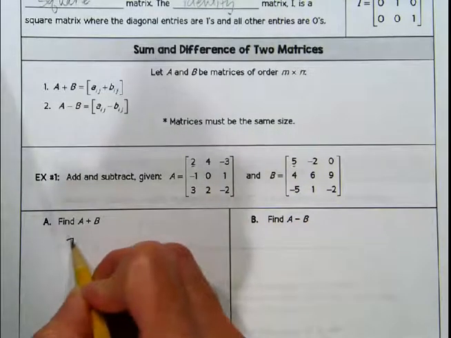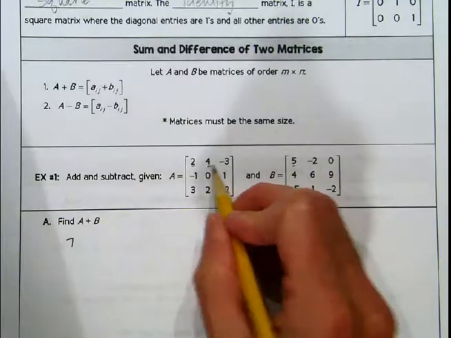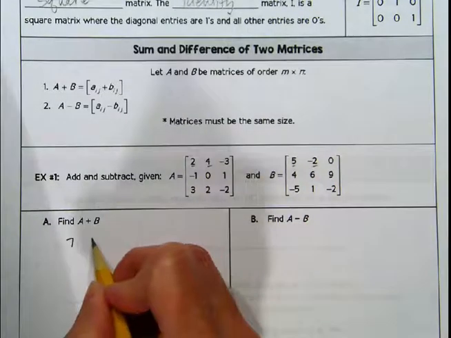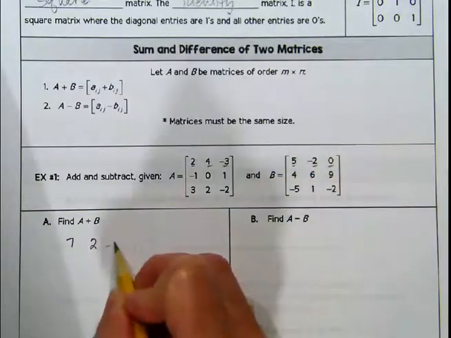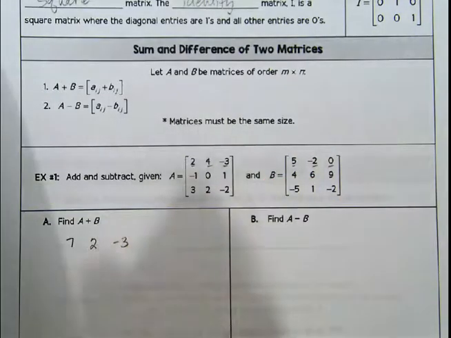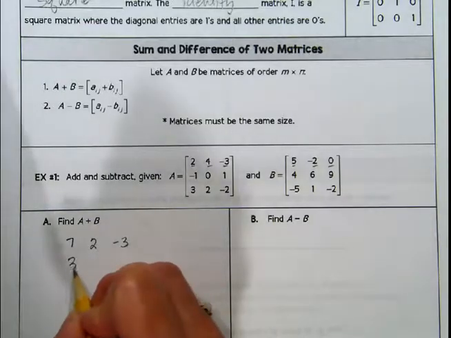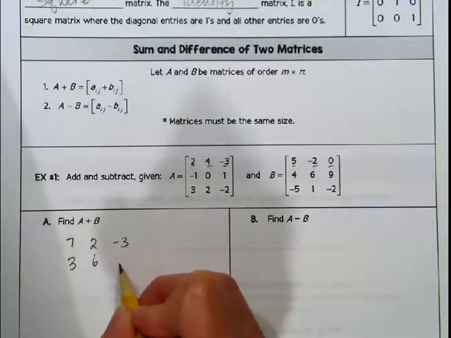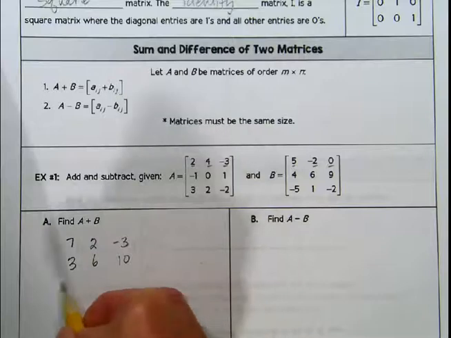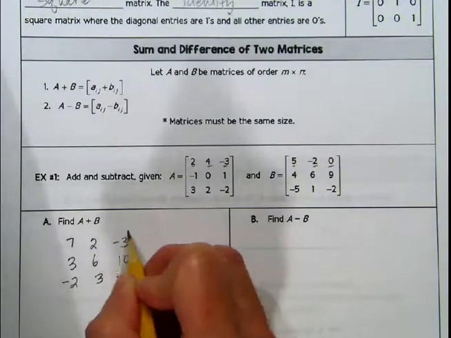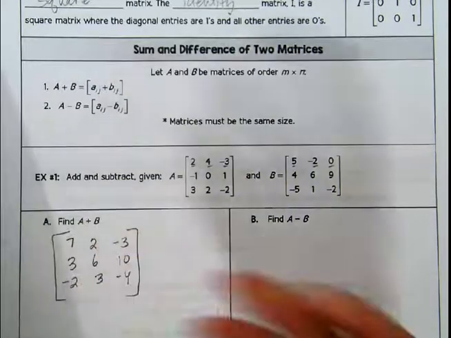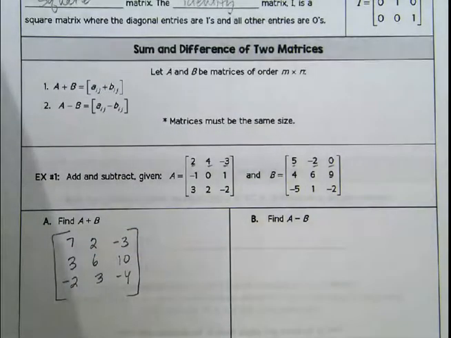That gives you 7. The 4 and the -2 would give you 2. The -3 and the 0 is -3, and so forth. So we'd end up with 3, 6, 10, -2, 3, -4. So notice it's the same size as it started with, and you're just adding corresponding parts.